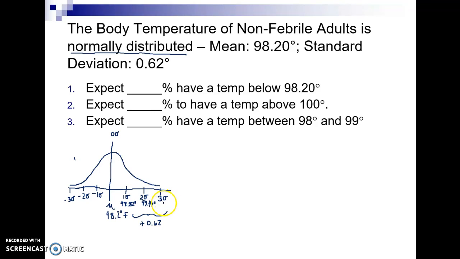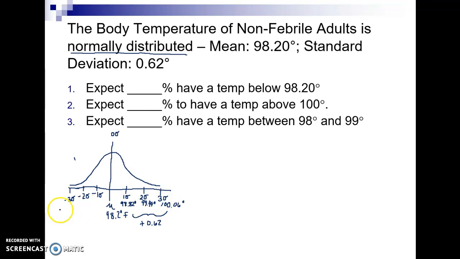And so to get the number at 3 standard deviations, I add the standard deviation one more time, and I get a value of 100.06 degrees. So these tell me the actual temperatures that would appear at 1, 2, and 3 standard deviations above the mean.